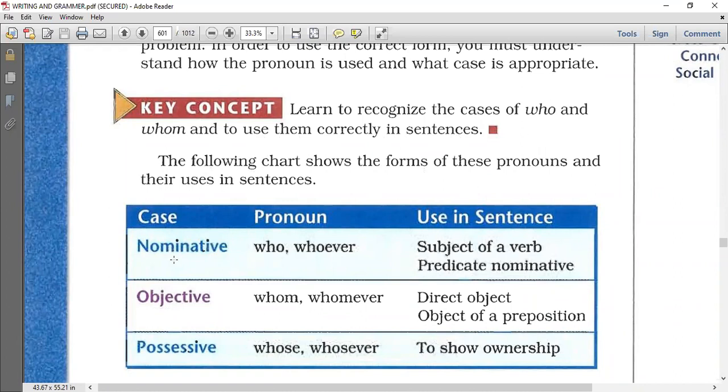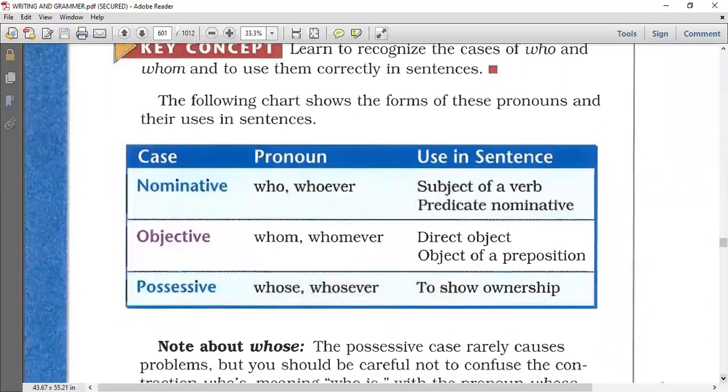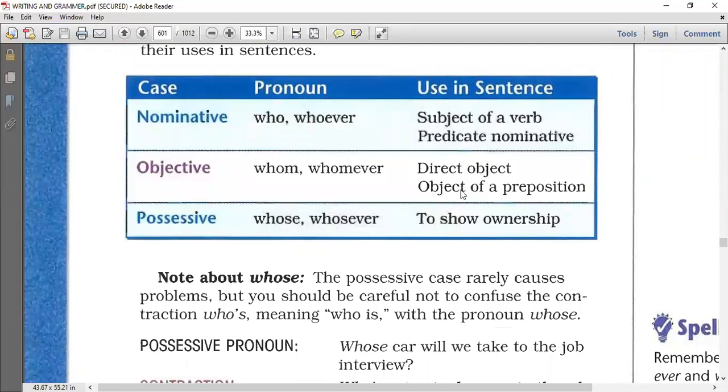Nominative, we use who and whoever, in a sentence as the subject of a verb or predicate nominative. When we need a subject of a verb or predicate nominative, we use who or whoever. Objective, whom, whomever, as direct object or object of a preposition. Possessive, we use whose or whosever to show ownership. I think you all know this and nothing difficult about this.